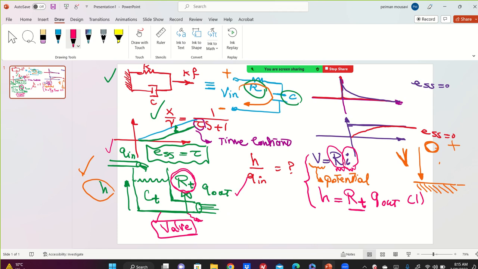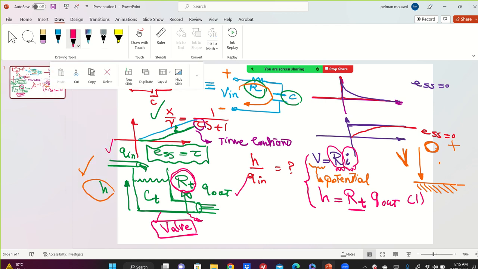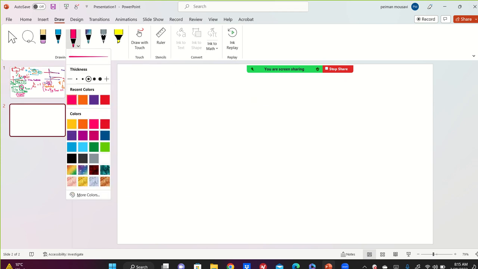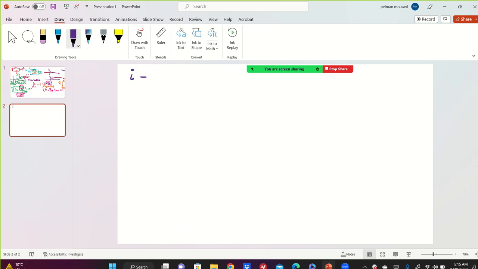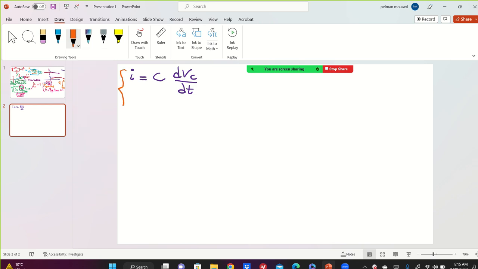So now, relation number 1. Now, can I go to the next page? Yeah. Relation number 2. In the RC circuit, I talked to you about this for the capacitor. I is equal to C dVc over dt. Remember? That's right. This is for the capacitor. So, based on the name of the course, we have to find an analogy between this and the tank of the fluid.